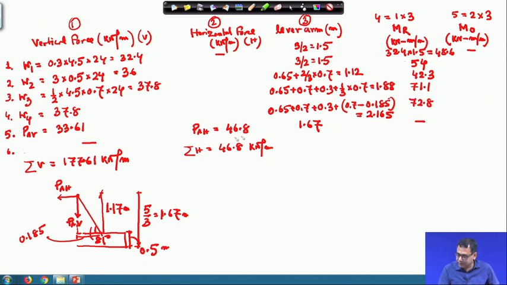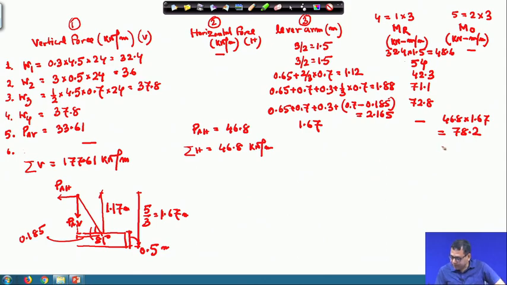For the last one, the horizontal one is giving overturning moment, and that is equal to 46.8 into 1.67, that is equal to 78.2.